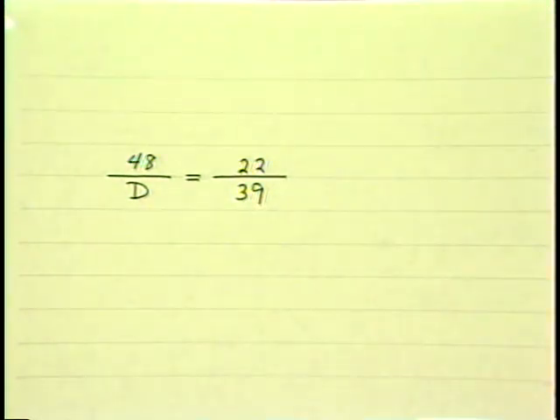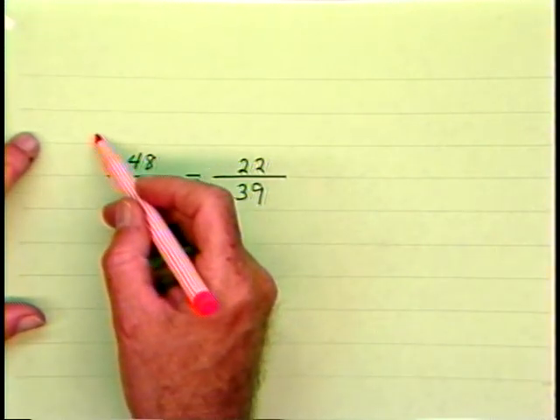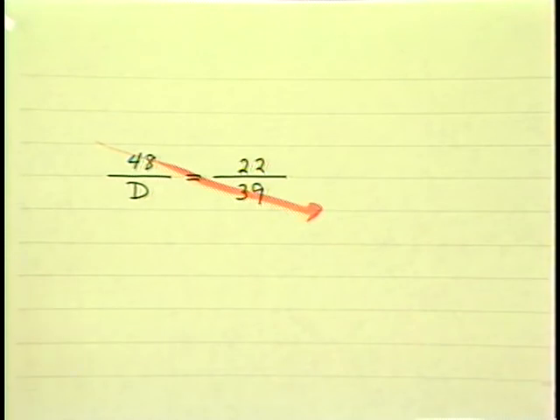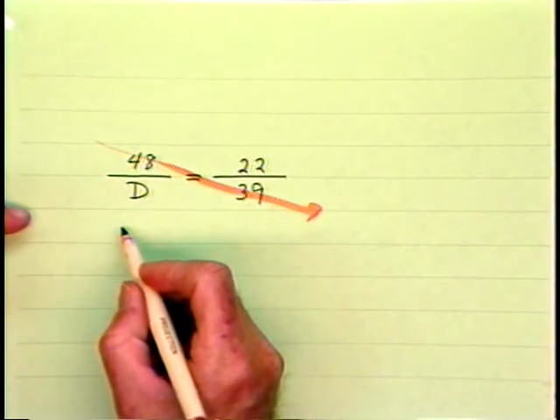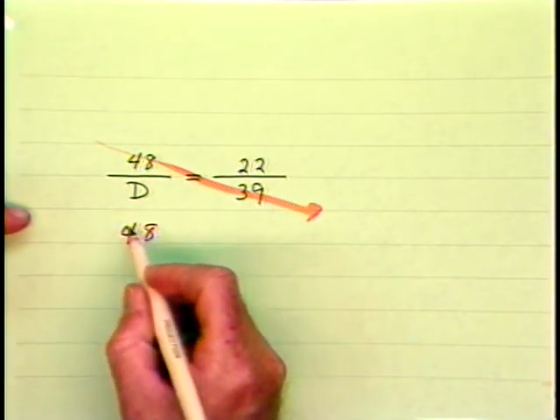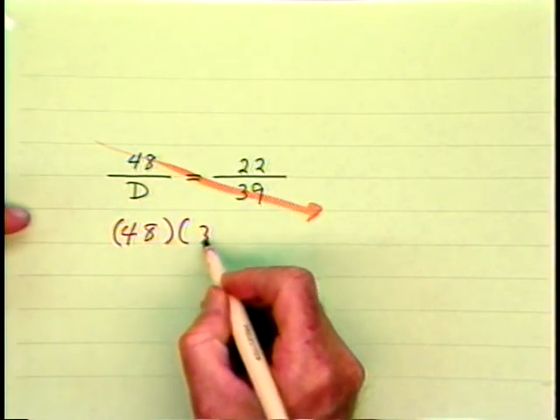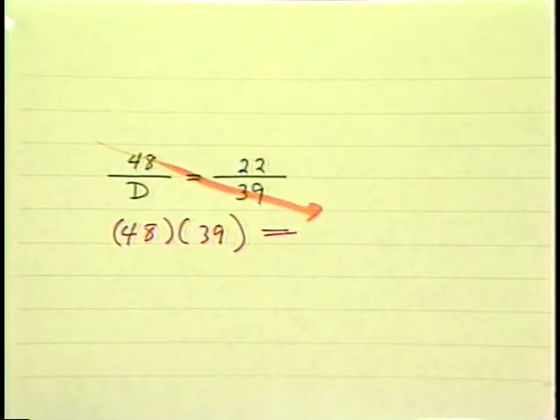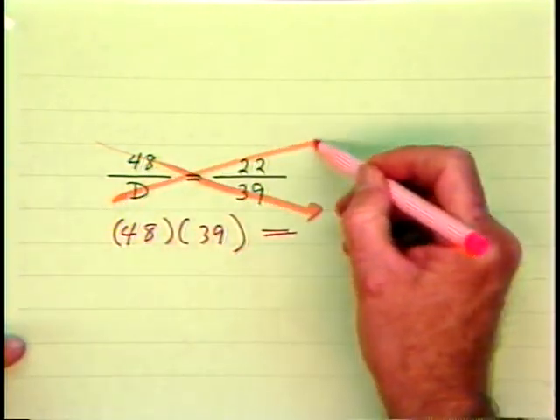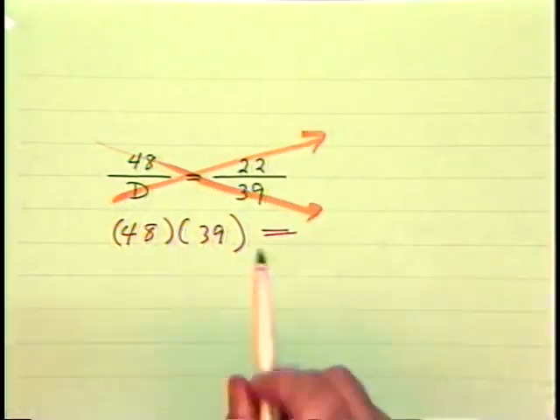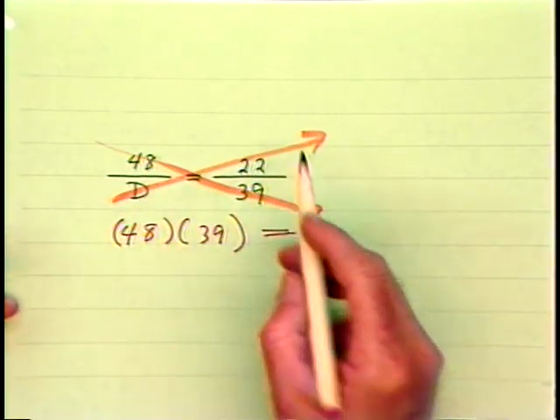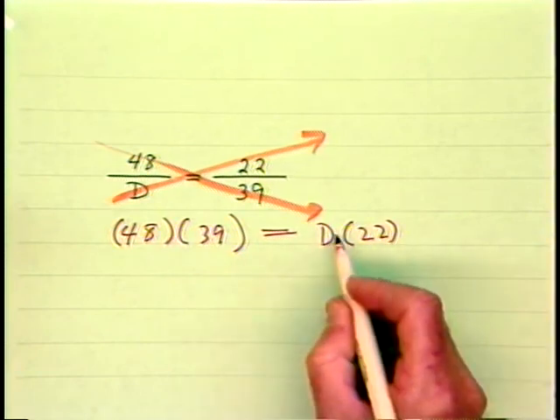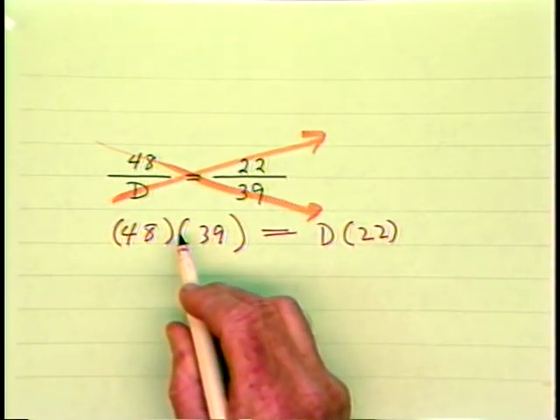Really going back to basics, we recall that you take top times bottom, and I'll just indicate it here without doing it. 48 times 39, then set equal to bottom times top, so D, whatever D is, times 22, and since we can't do it, we just show the multiplication as we did here.